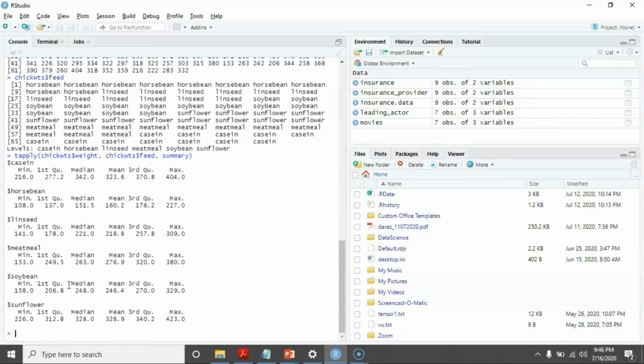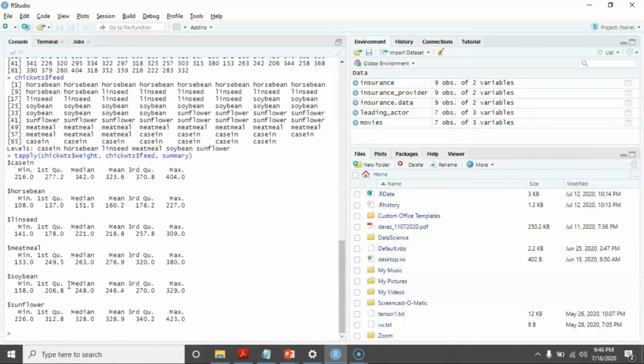So we look into the minimum, the mean, which you can say is the average as well, and the max. Just forget about the first, second or third quartile, or even the median. I hope you know what median, mean and mode are. So just ignore them. We are just looking into minimum and maximum.